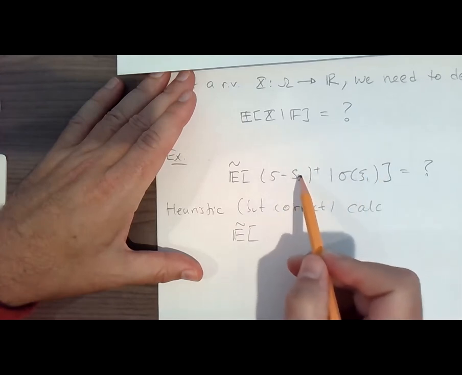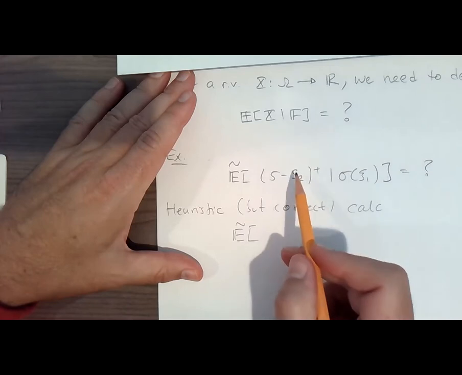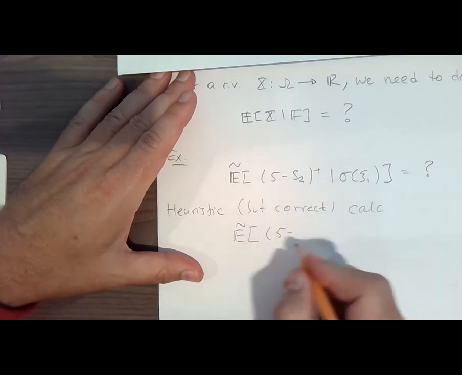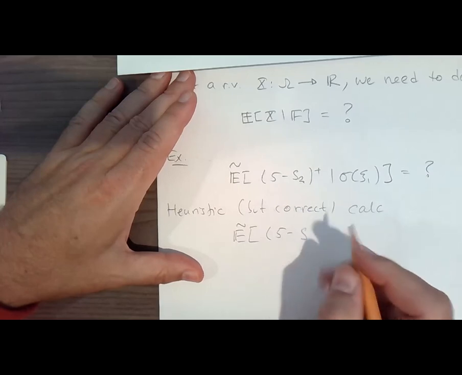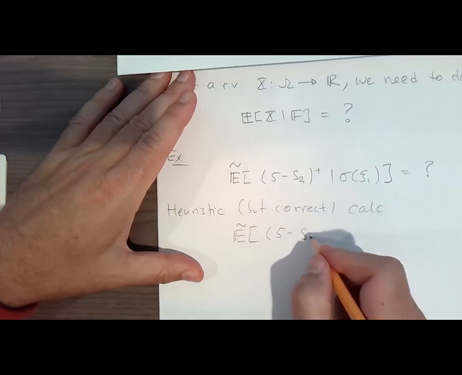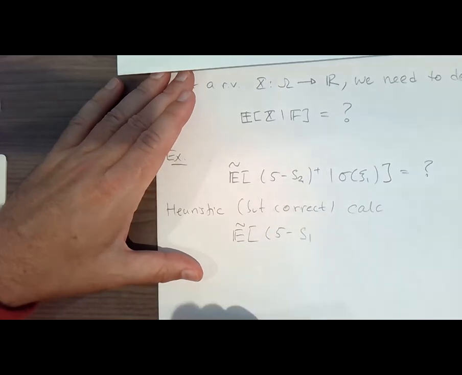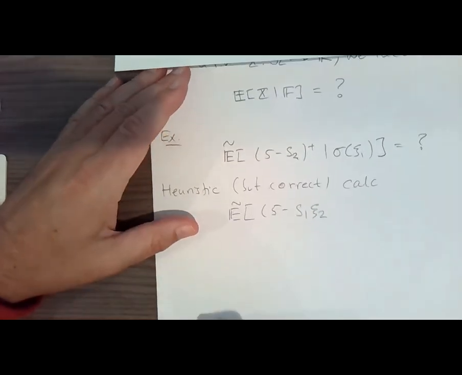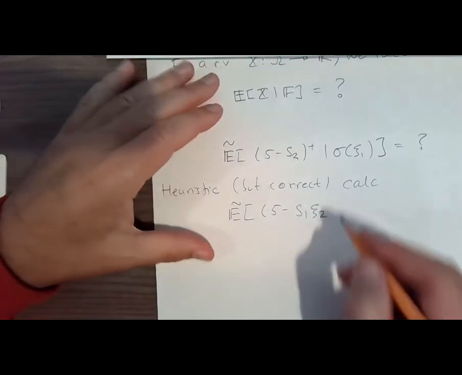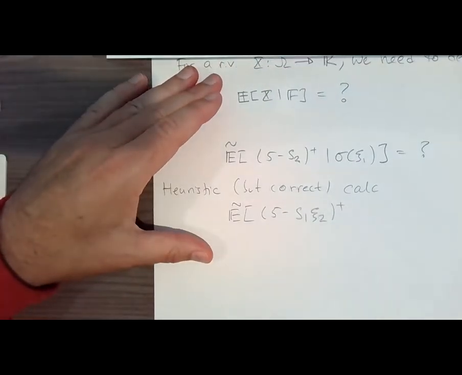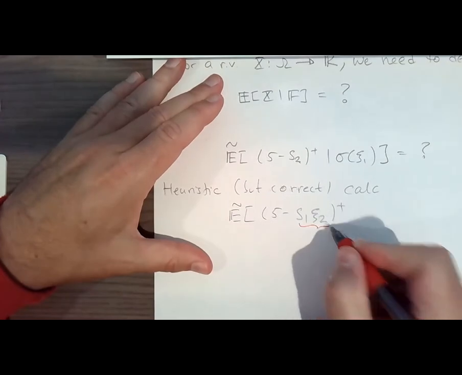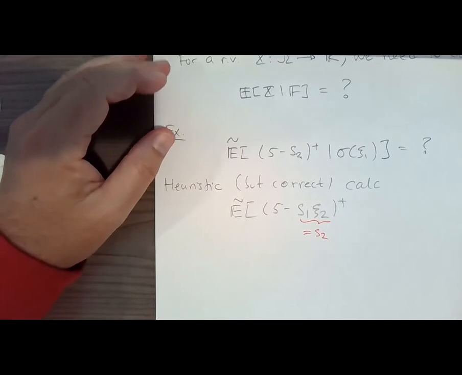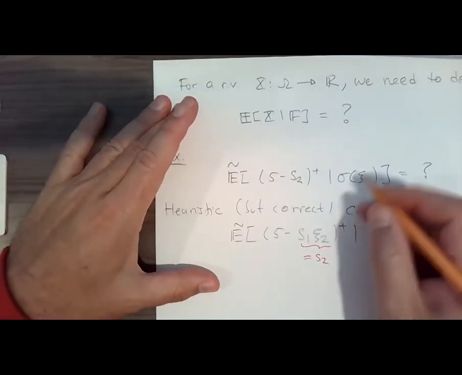This thing here involves the second coin flip. So what you do is you insert what this one here is. So this is going to be S1 times psi2. That's our model. This thing here is equal to S2, because we are in the binomial model. And then we condition on knowing psi1.